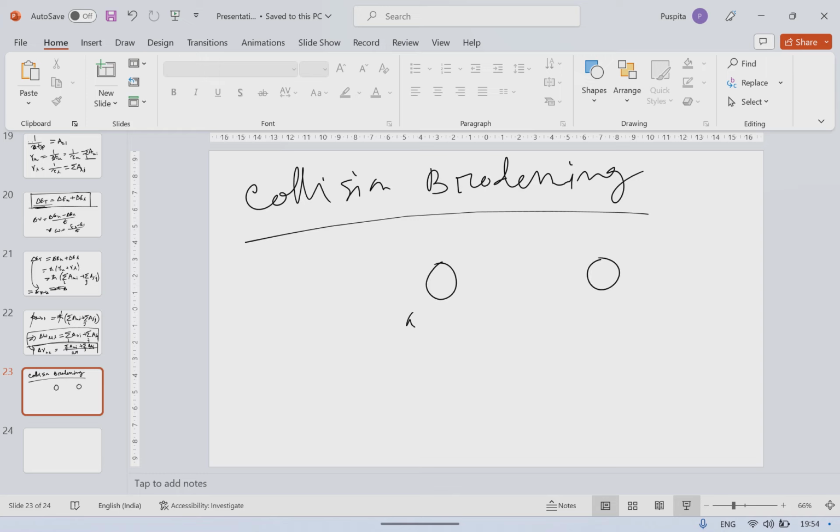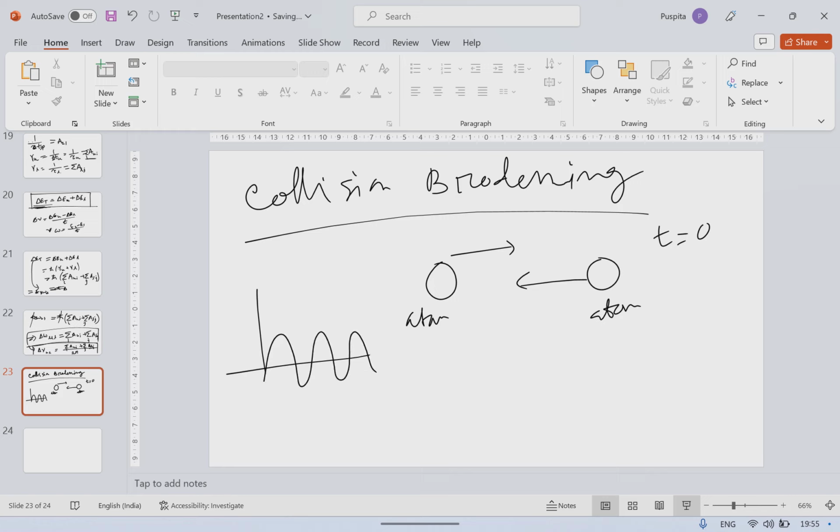Like this atom, they are moving in this direction. In this position, say t equal to 0, they are far apart, so their energy levels are not perturbed by each other. Their oscillation is almost sinusoidal, you can say.